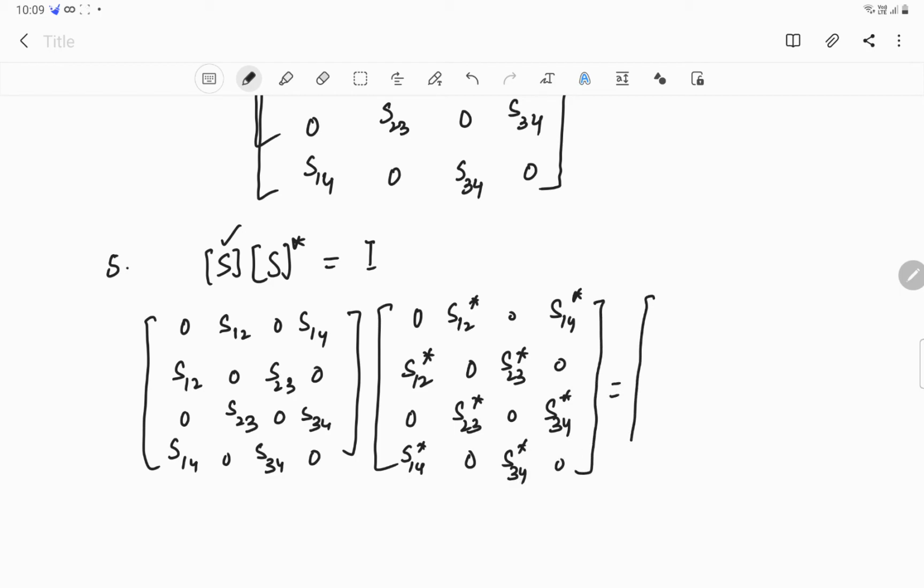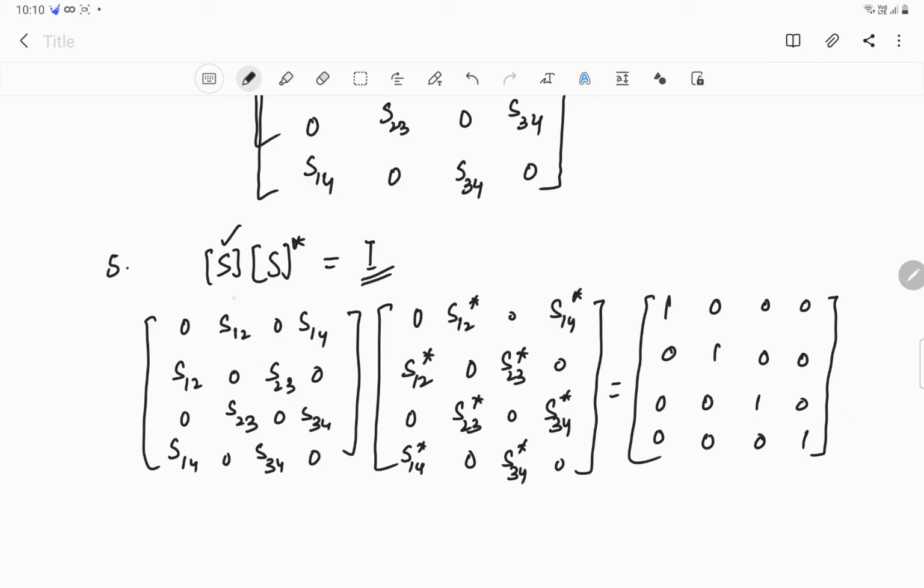This has to be equal to a unit matrix of the same order: 1 0 0 0, 0 1 0 0, 0 0 1 0, 0 0 0 1. This is the unit matrix.